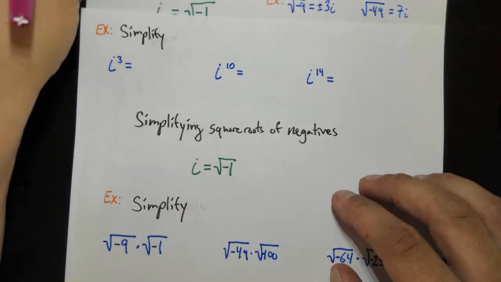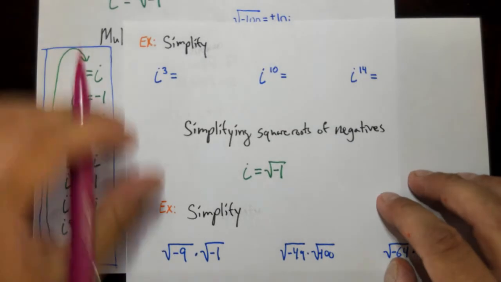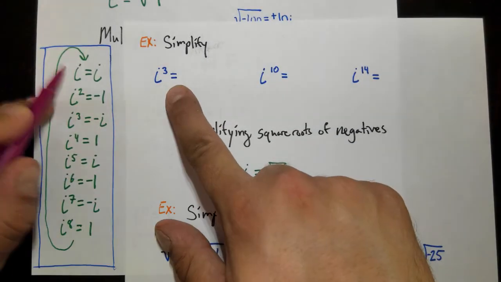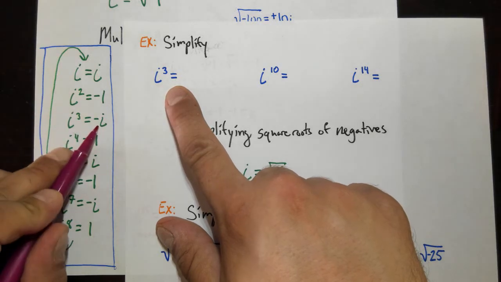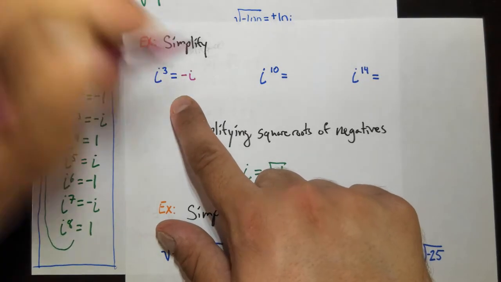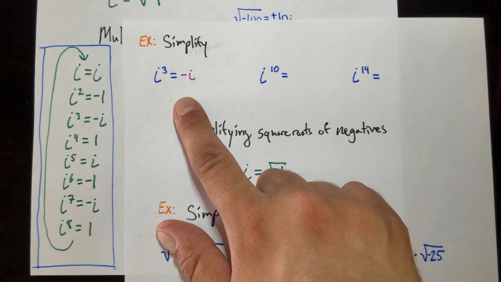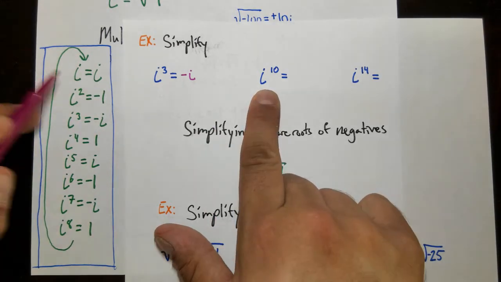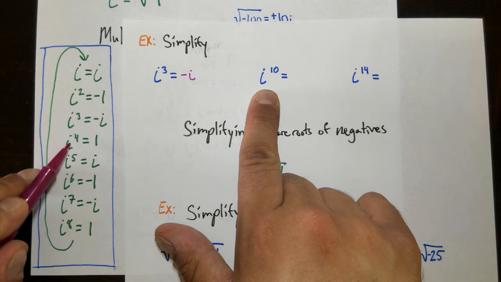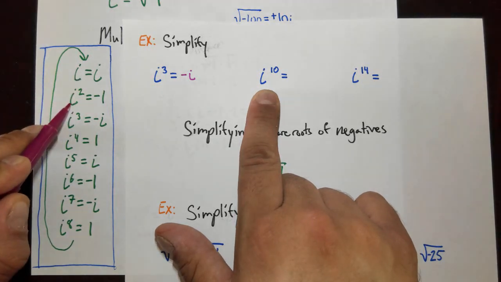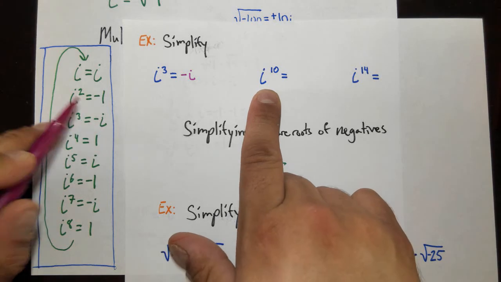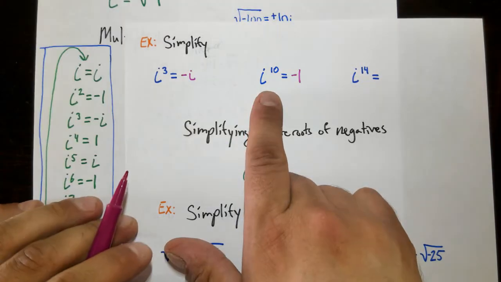So simplify it. I'm going to use this chart as reference. So i cubed is really equal to -i. i to the 10th, 1, 2, 3, 4, 5, 6, 7, 8, 9, 10. i to the 10th is really equal to i squared, which is equal to -1.